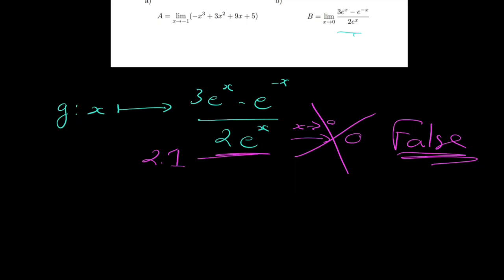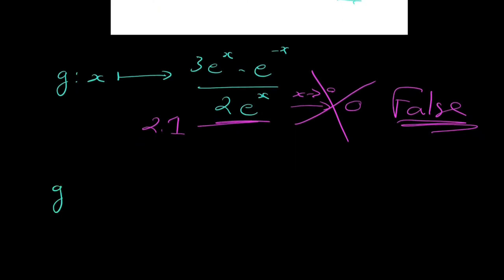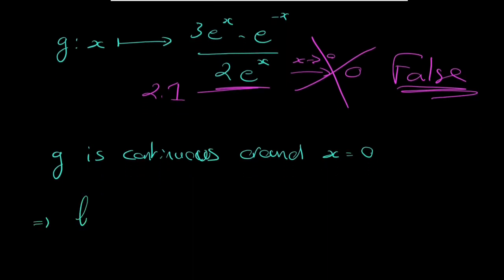And so we can say that g is obviously continuous around x is equal to 0. And this implies that b, which is the limit we want to find, is equal to the limit when x tends to 0 of g of x, which is equal easily to g of 0.